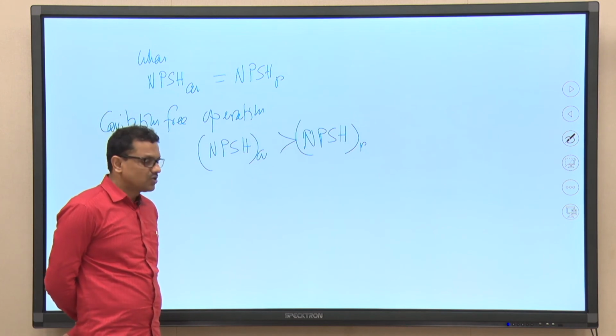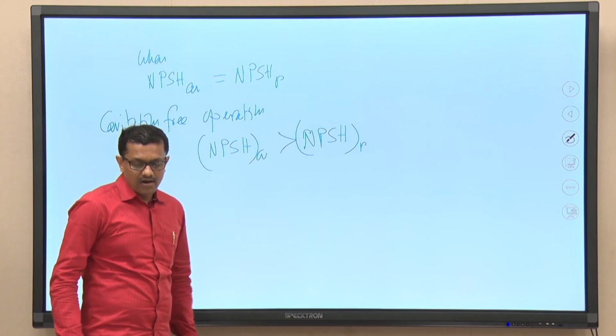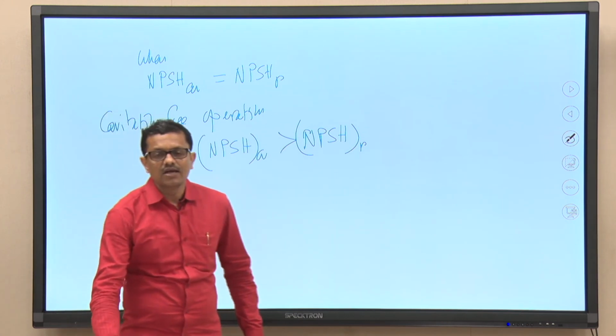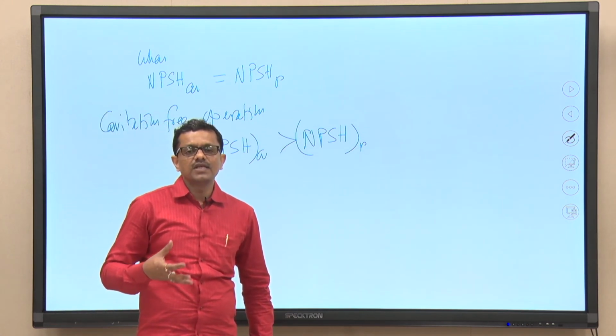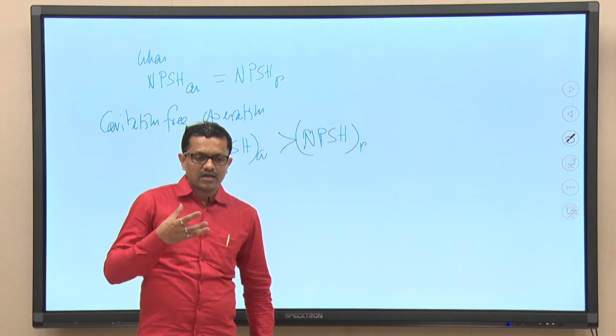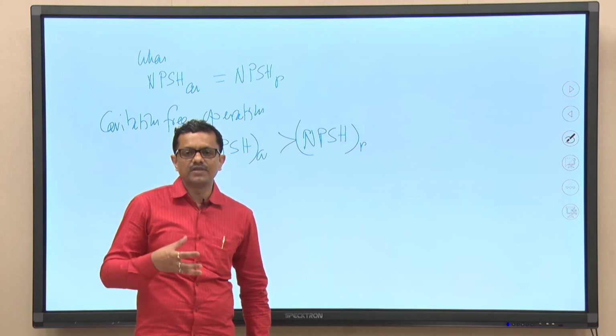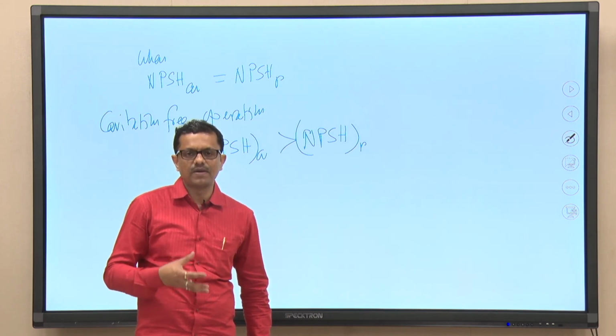Okay. So, if we try to summarize today's discussion, our objective was to see the effect of the system parameters, the parameters of the system in which the pump is installed.